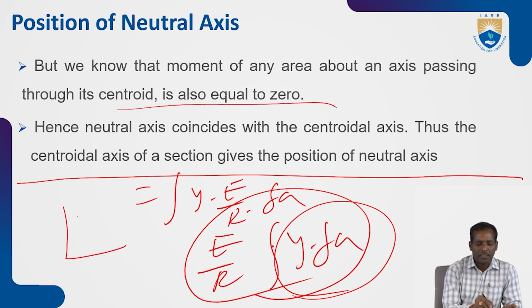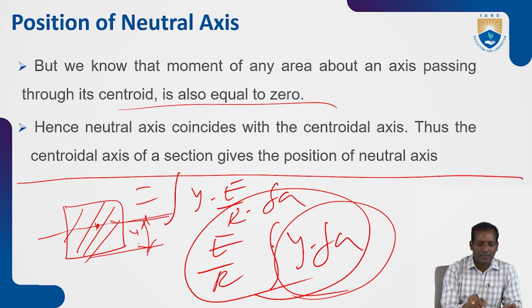Suppose one section is there, the beam section. This is the centroid, so the neutral axis coincides with the centroidal axis. That is y, the distance is y. So this is the position of the neutral axis. The centroidal axis of a section gives the position of the neutral axis.